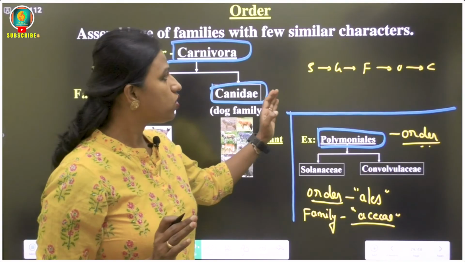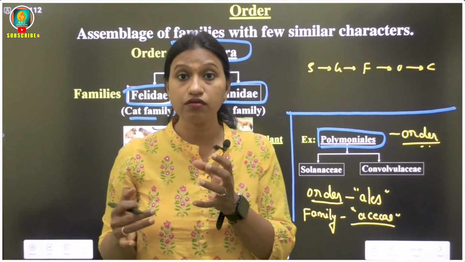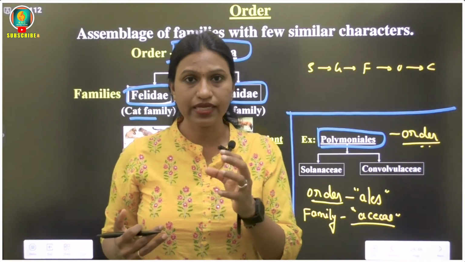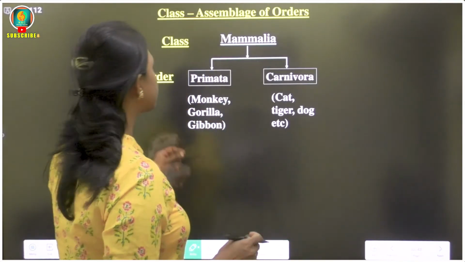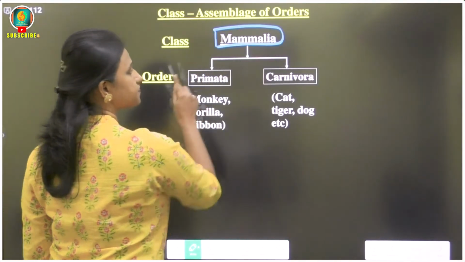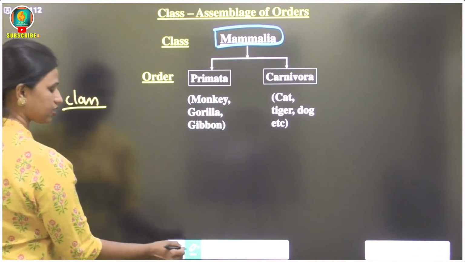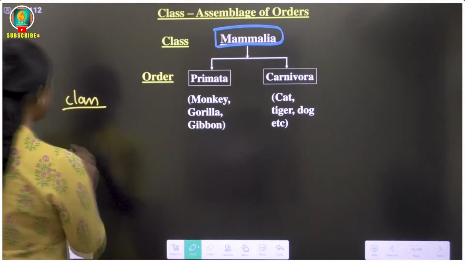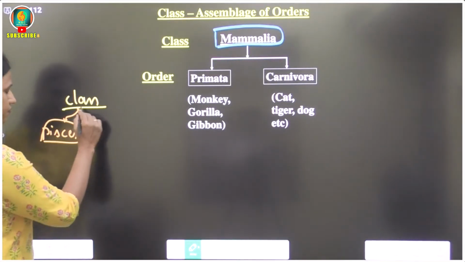Now, similar orders, the organisms having common orders with more similarities, will be placed under a class. Look at here. Mammalia is a class. We can take so many classes. Pisces is one class.